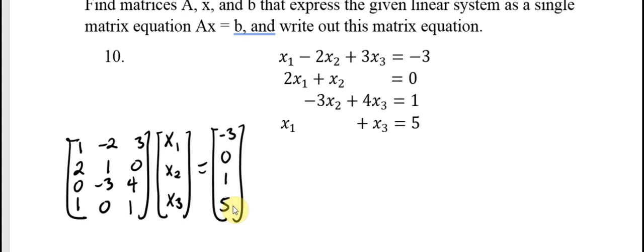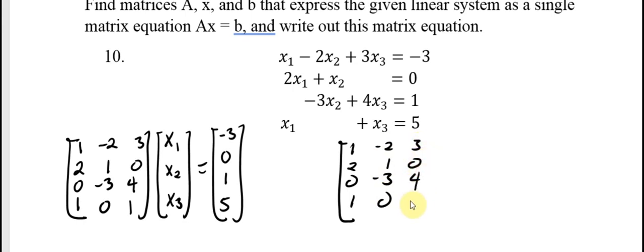Express the given linear system as a single matrix equation. I guess this is right out the matrix equation. I think they want us to write it out like this first. This is just 1, 2, 0, 1, negative 2, 1, negative 3, 0, 3, 0, 4, 1.